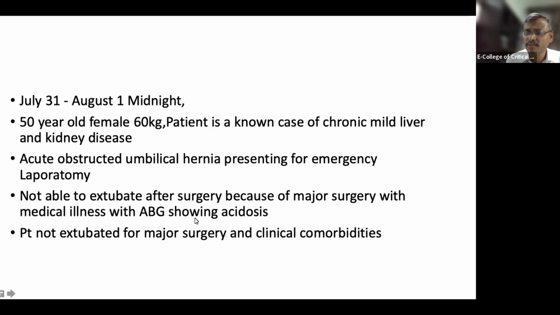Whenever you are operating on abdominal surgery, you have to think of an entity called type 3 respiratory failure. This is very important. Type 1, you all know, is hypoxia causing respiratory failure. Type 2 is hypercarbia causing respiratory failure. But type 3, especially in post-op patients after a major surgery with a large incision, because of the pain and splinting action of the abdominal muscles and even respiratory muscles, the FRC goes down drastically.